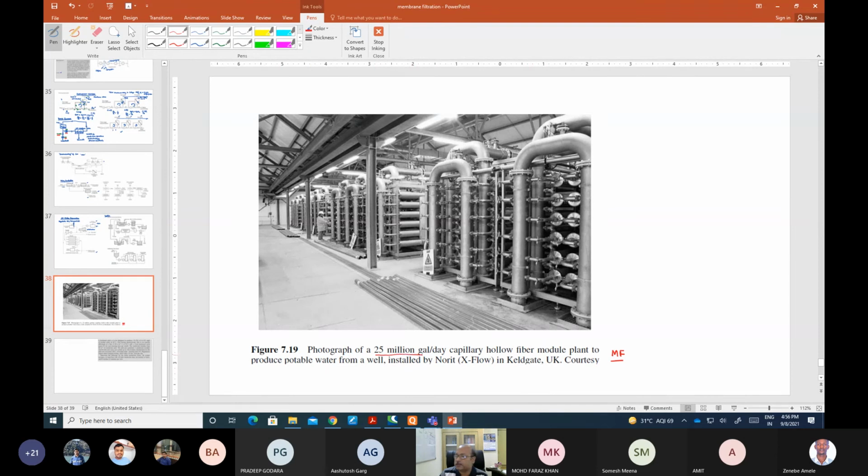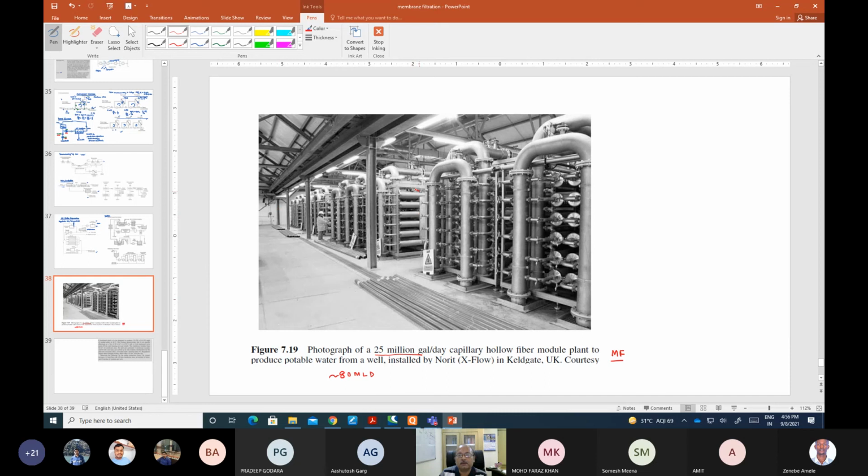This is 25 mgd, which is about 40 mld, if I am not wrong. But no, it's about 80 mld, I'm sorry. So this is about 80 mld plant. You can see how compact this can be.